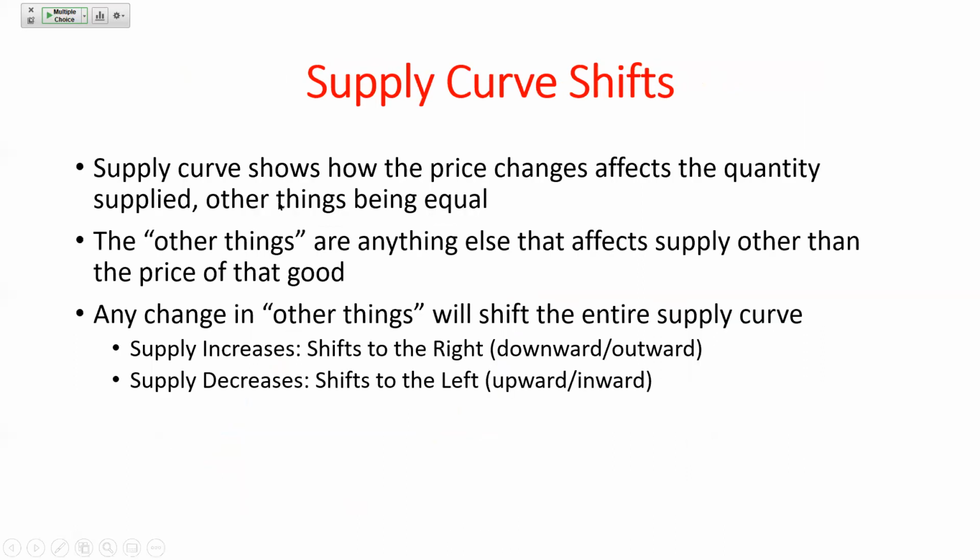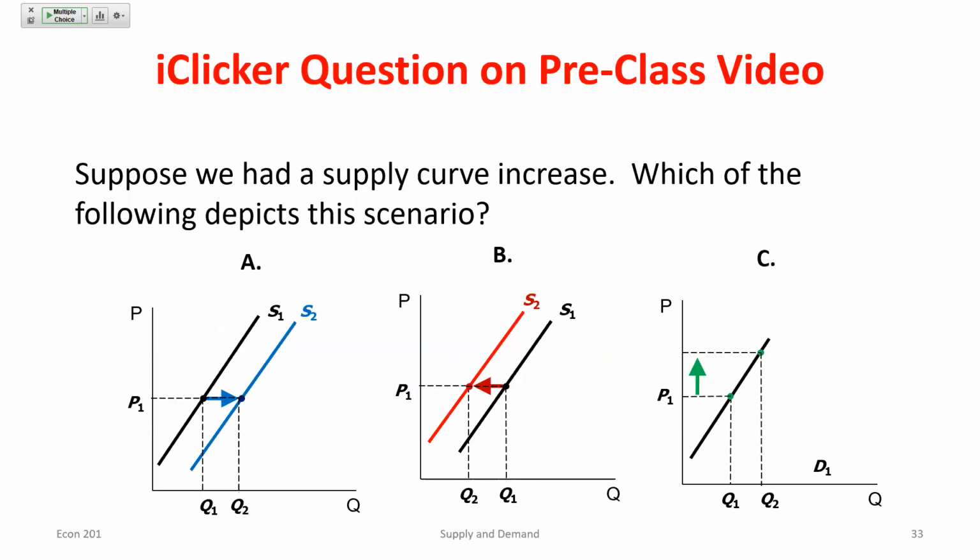There you go. So there are a lot of things that could shift the supply curve. The supply curve itself represents the relationship between the price of that good and the quantity supplied of that good. So changes in the price of that good just shift where we're at along the supply curve. Changes in the price of the good we're looking at change the quantity supplied of that good, which just means you're moving along that supply curve.